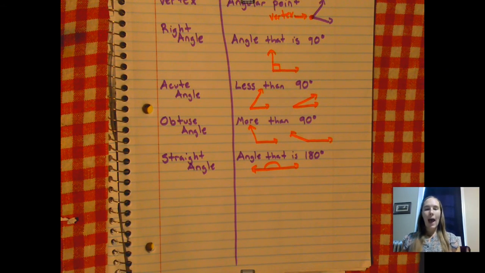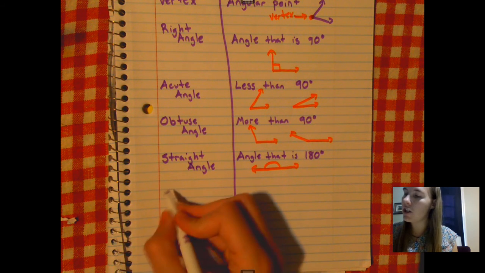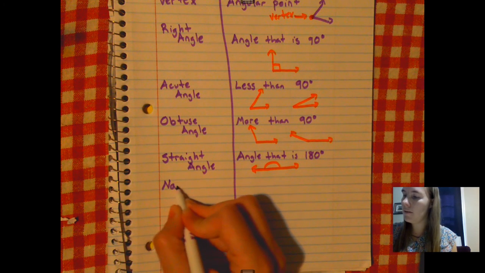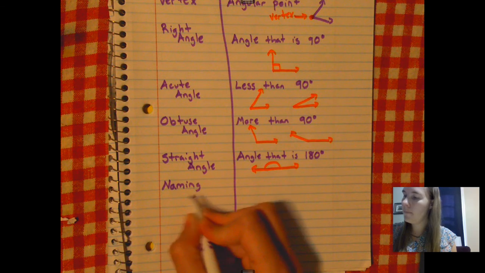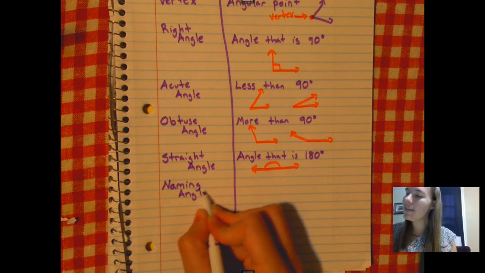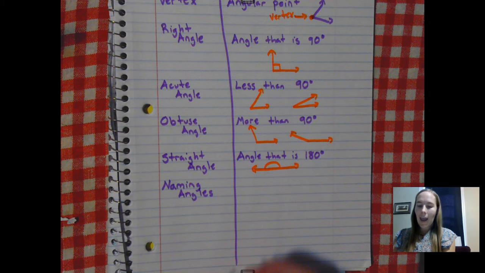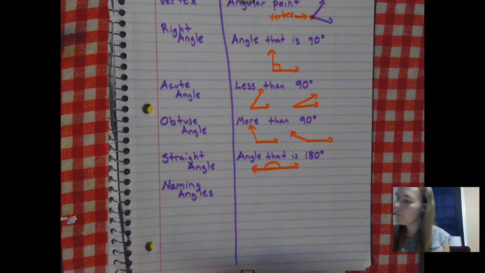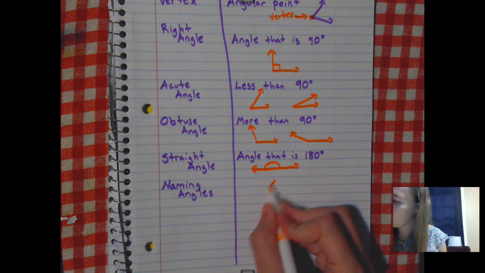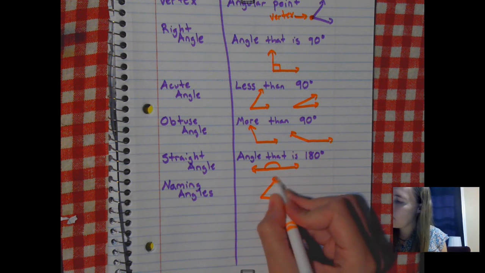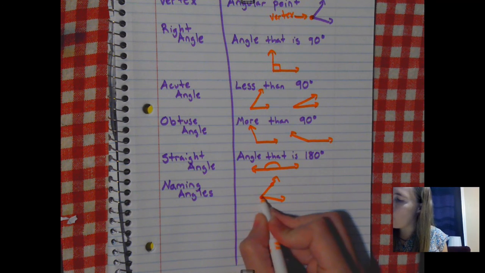But within that, I want to talk about how do we actually name angles. And this is an art form. This is the language of math. Naming angles is part of that. So say I have an angle that looks like this, and it has a couple points.